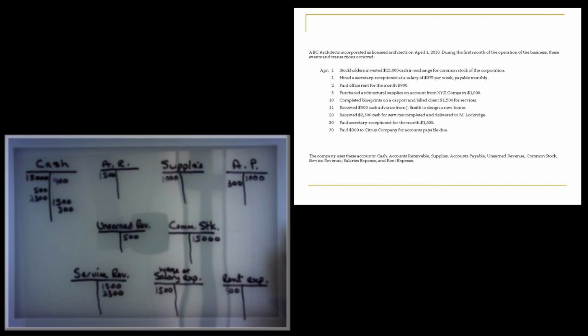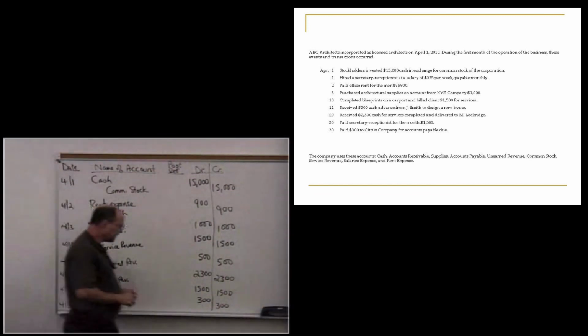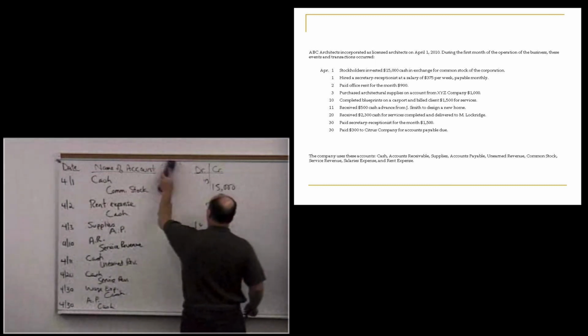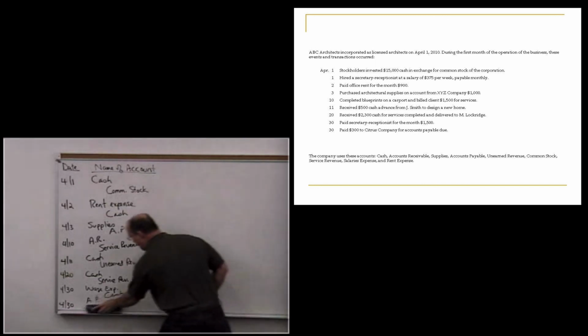The third step would be at the end of the month, for example, I'm going to prepare a trial balance. Now we're going to do this on the board. I'm going to erase the journal entries, and I'm going to put a trial balance on the board. And we'll talk about the trial balance here.